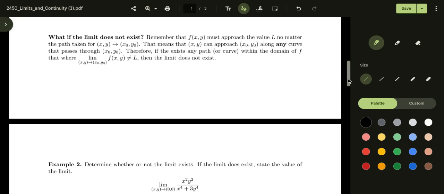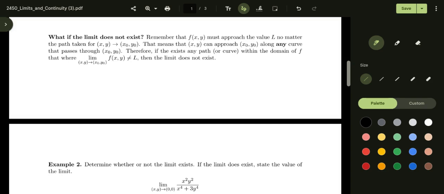Working with two variable functions becomes a little more complicated because, like I said, for a limit to exist, no matter what path we take for xy to approach x naught, y naught, our function has to always approach the limit L, whatever that value may be.